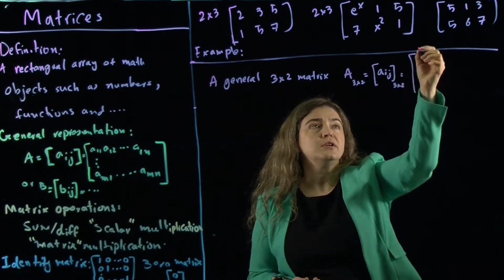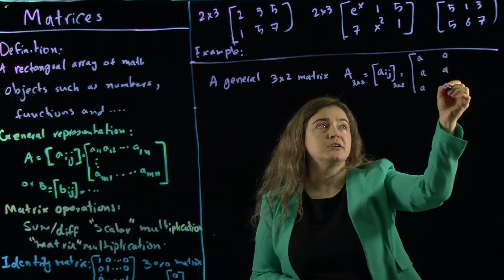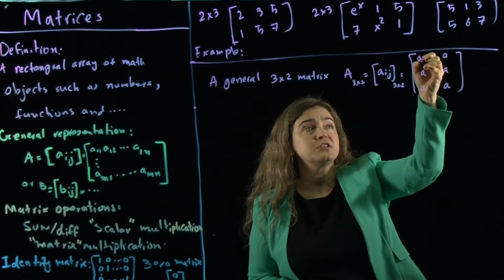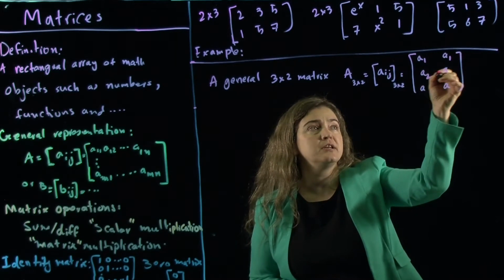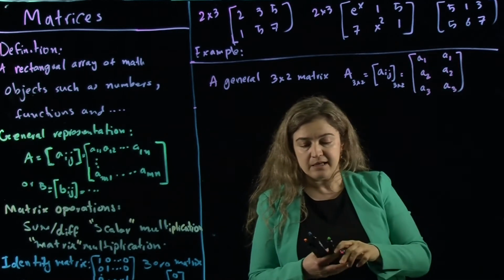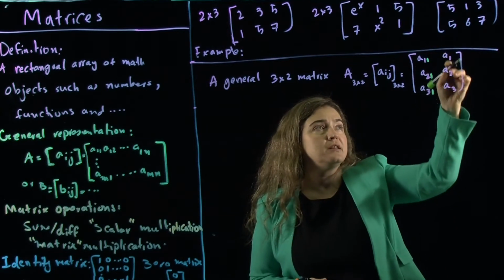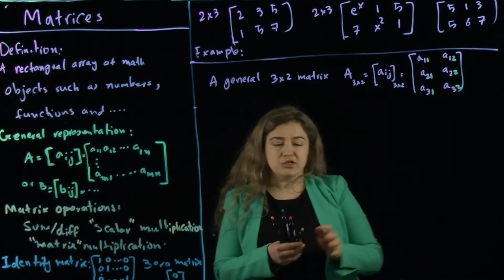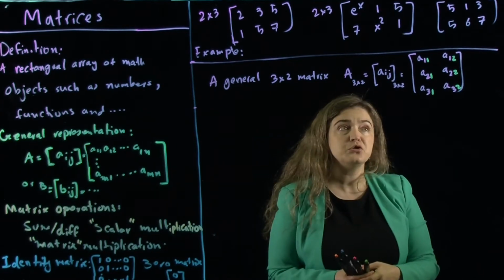Or I can show it this way, with lowercase a entries. That's 3 by 2. The first index shows the row. For these it is 1, for this one it is 2, for this one it is 3. And then the second index shows the column. This one's 1, 1, 1. This one is 2, 2, 2. So all of these are general representations of the matrix A, that is a 3 by 2 matrix.